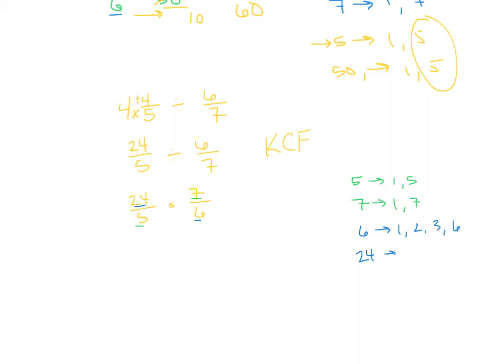And 24 is divisible by 1, 2, 3, 4, 6. Oh, we can stop there because 6 is as big as 6 goes. So we divide 24 by 6 and we get 4. 6 by 6 and we get 1. Multiply straight across. 4 times 7 is 28. And 5 times 1 is 5.